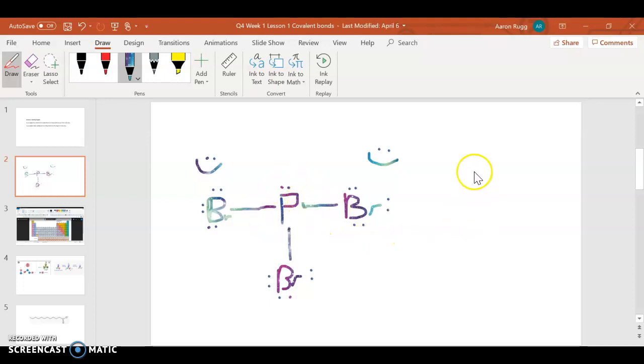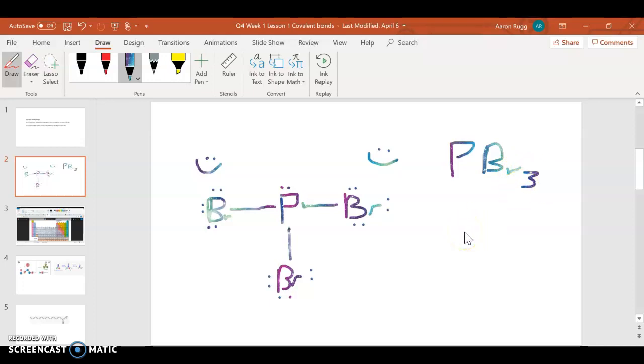We've drawn the structure. So how do we write the chemical formula? That is going to be our ratio. Every molecule of phosphorus bromide is going to have 1 phosphorus atom and 3 bromine atoms, right? So then I write that.